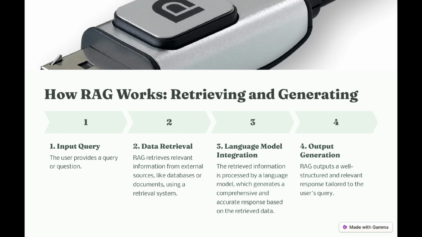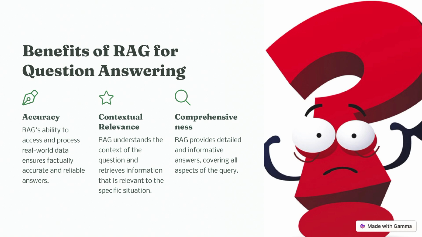The language model generates a well-structured and accurate response based on the retrieved data. If you ask what's the capital of France, RAG retrieves the latest information from a reliable source and generates the answer Paris.